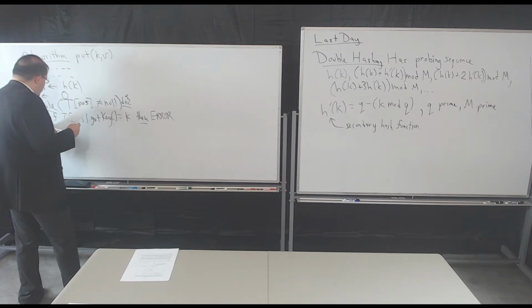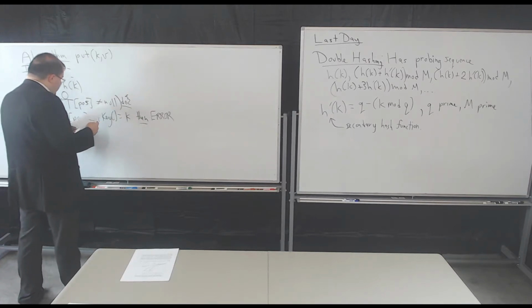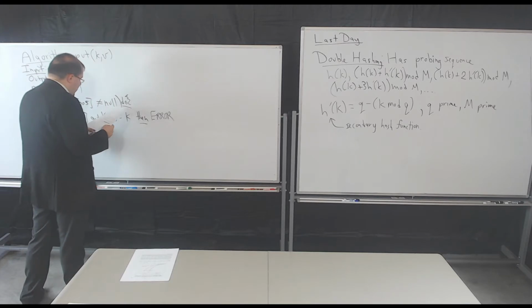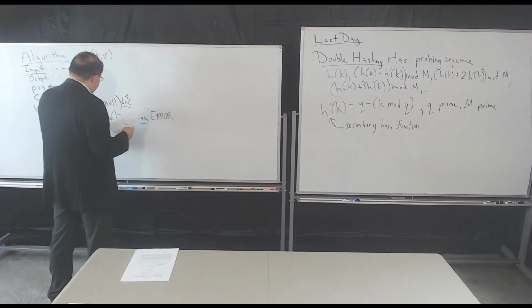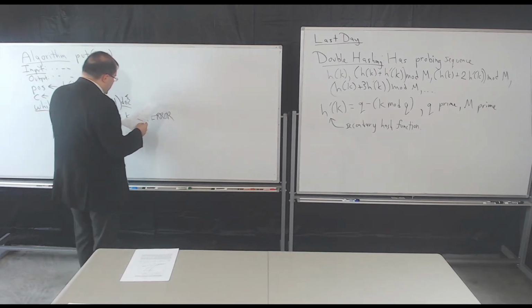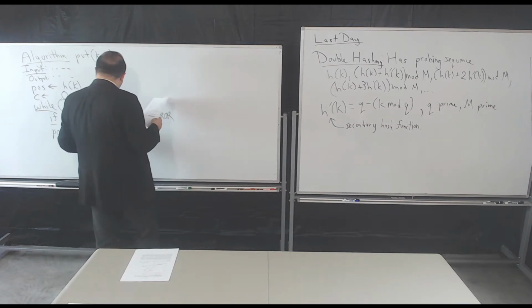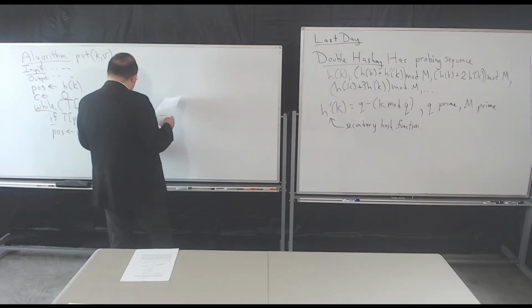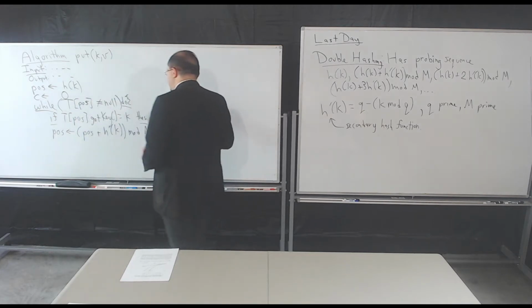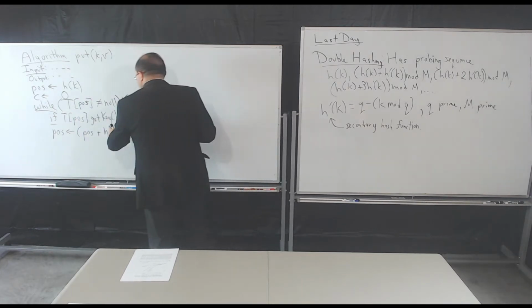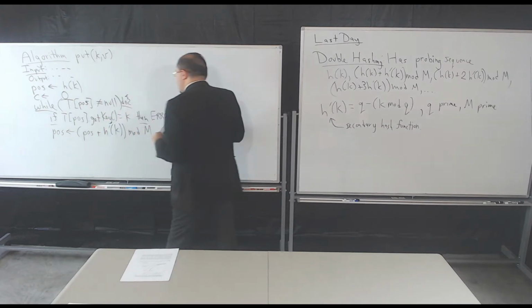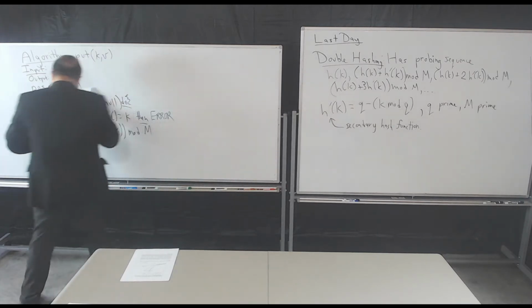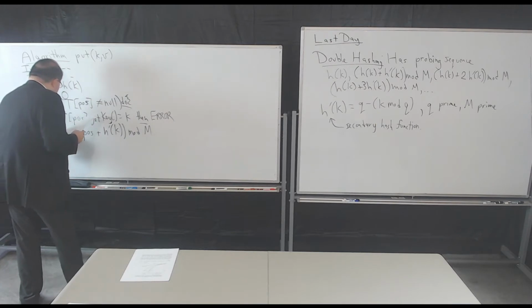Otherwise, I'm just going to apply the probing sequence. You'll notice it's quite literally going to be like the one I showed you the other day, just instead of having plus 1, it's going to be plus h'(k), all mod m, like this. So it's h'(k) right here. And then I just increment c just like before.